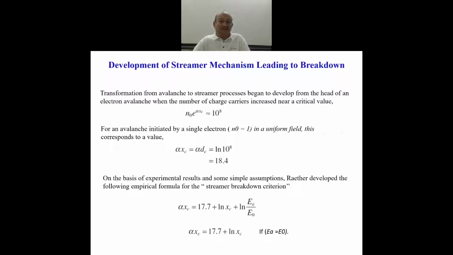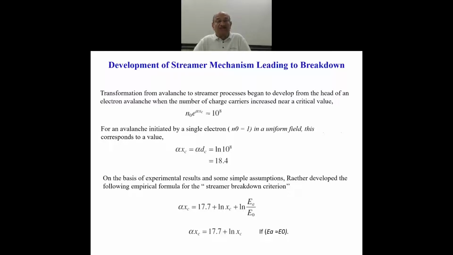When the spark breakdown begins with a single avalanche, the time required was much shorter than the time required for an electron to travel between the cathode and the anode. Now, when you take a longer gap distance, you can imagine the size of the avalanche developing in the gap would also increase.